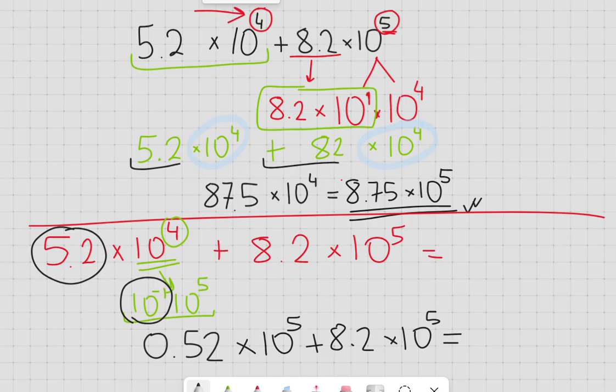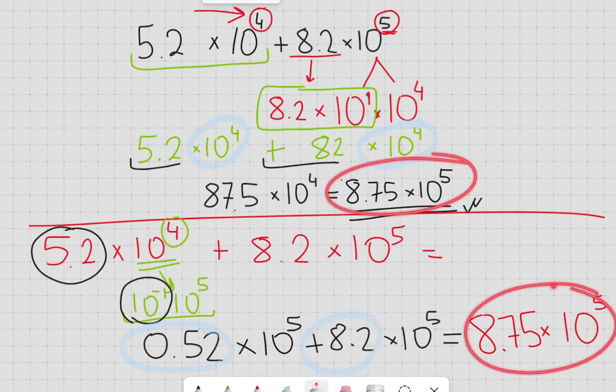Oh, perfect. Do we have the same base? Yes. Then we have no problems. The only thing we need to do is we copy the base, 10 to the power of 5, and we add the numbers. 0.52 plus 8.2. That is equal to 8.75. Now we have the same answer as we had before.